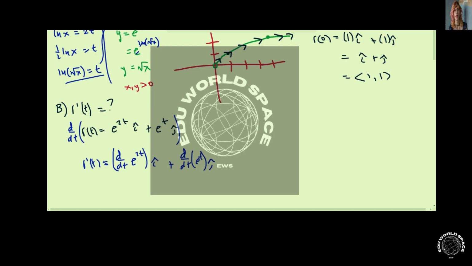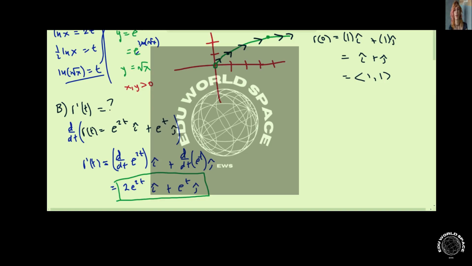The derivative of e to the 2t is going to be 2e to the 2t i hat plus, and then the derivative of this over here is just going to be e to the t j hat. So this is our derivative with respect to t.